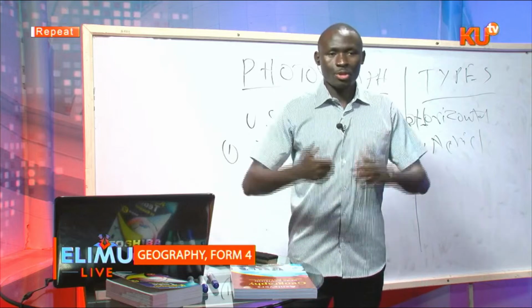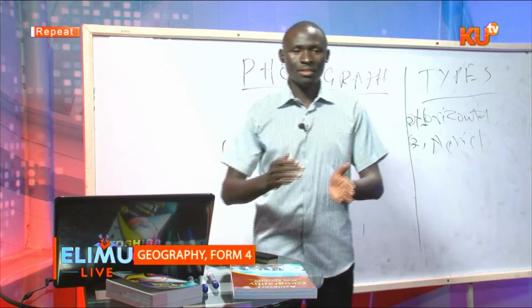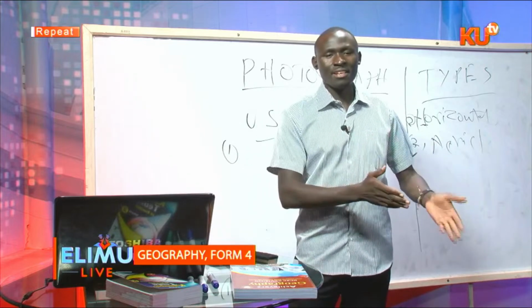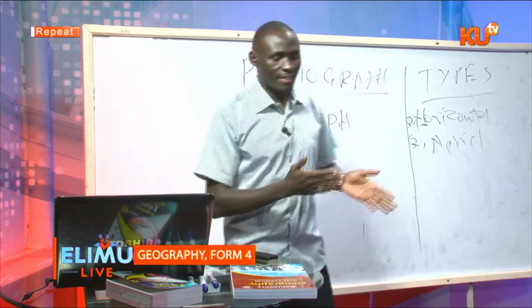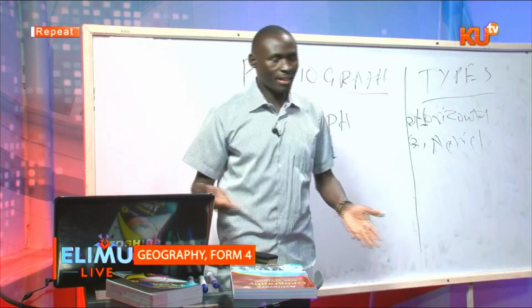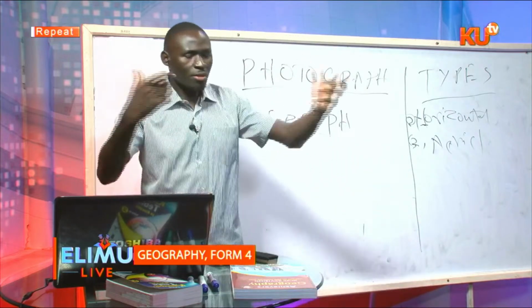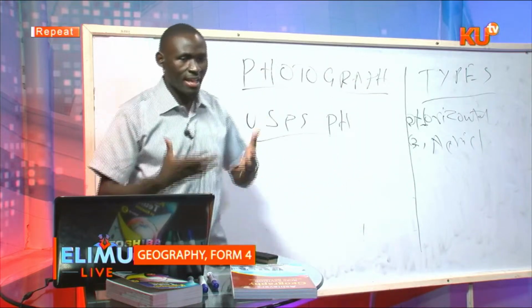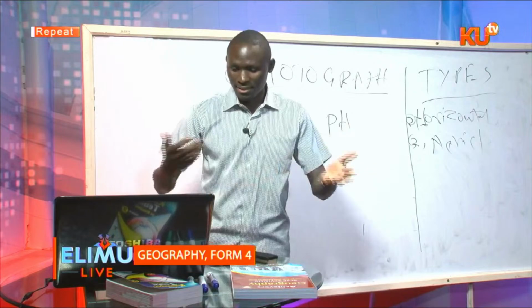And that's why you can identify whether it is in the middle, the foreground, the left, or the left foreground. You can easily identify that. So we use it in learning geography to give us the actual features that you are studying.